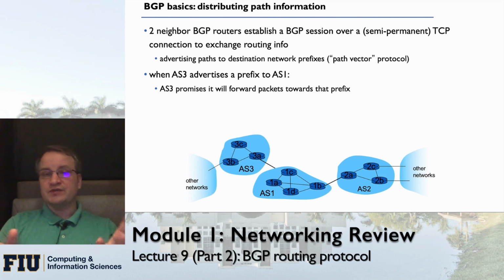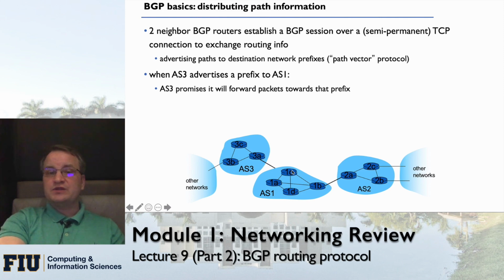So in an ordinary situation without any problems, an AS receives information from the neighbor. If it is allowed to advertise downstream, it adds its own AS number as part of the path and then advertises. So for example, from AS2's perspective, if I'm looking at AS3's announcement, AS3 will announce some prefix like 1.1.1.1.